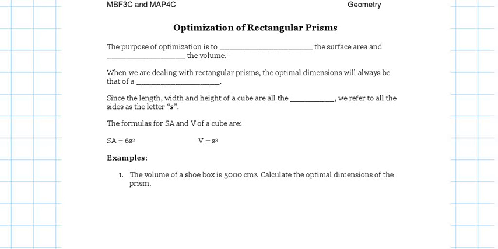So the purpose of optimization, again, is to reduce the amount of material we're going to use and to increase the area or the volume that we have. So the purpose of optimization is to, do we maximize or minimize surface area? Minimize, because surface area is the amount of material we're going to use.